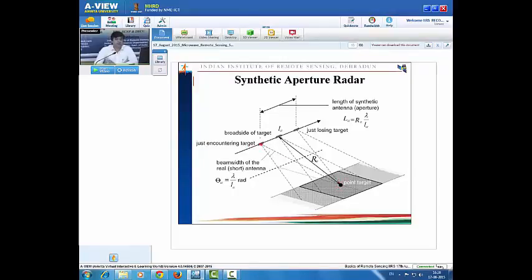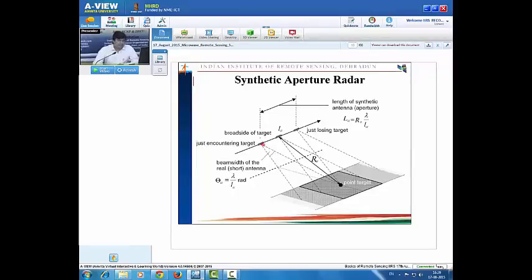Suppose from this location it started getting the information of this point target, and the radar sensor transmits electromagnetic pulses, and those pulses after interacting with the earth surface return back towards the SAR sensor. So suppose after interaction the return pulses or backscattered signals were returned back toward the sensor and finally converted into an image, and the signal was captured.